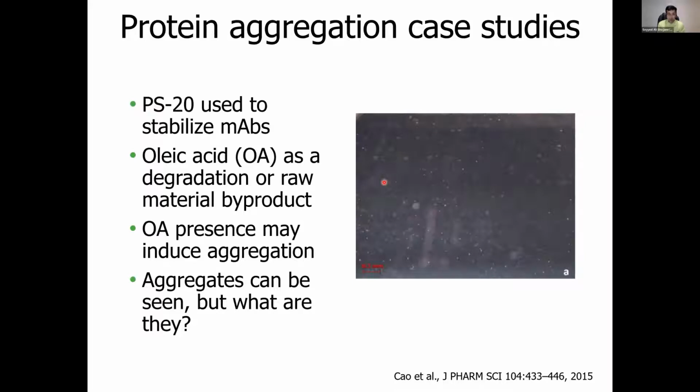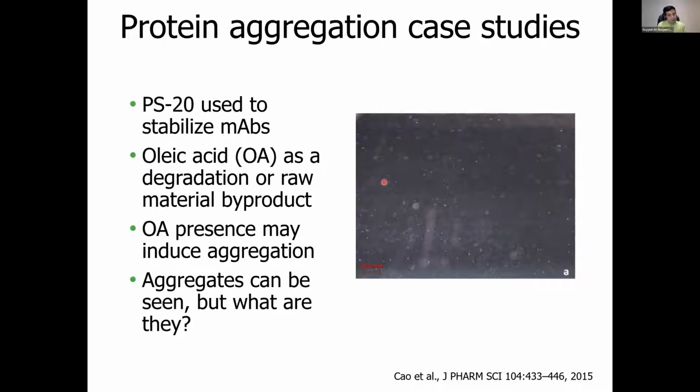The problem with using PS20 is that it would lead to the formation of oleic acid, or as I refer to going forward, OA, either as a result of degradation or raw material byproducts. The presence of OA may lead to the formation of protein aggregates.